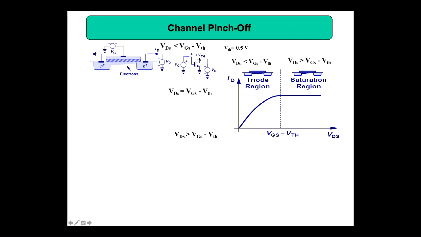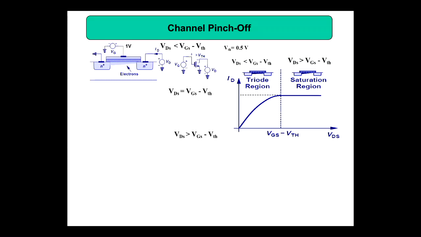So these are the 3 important biasing schemes in the MOS transistor, so you can decide where your MOS transistor operates. If you want to operate as an amplifier, you have to operate in the saturation region. To do that, you have to make sure that the voltage between drain and source is greater than VGS minus VTH.